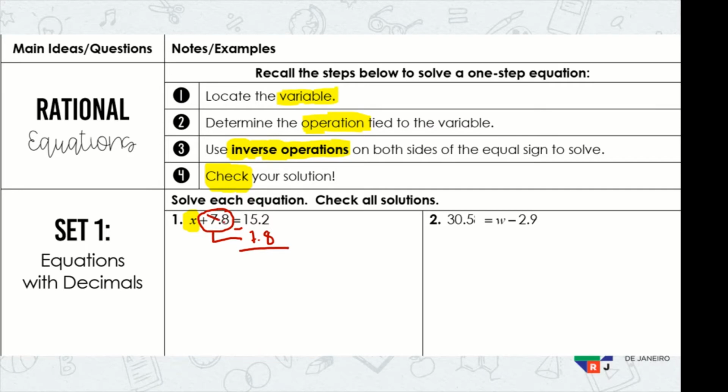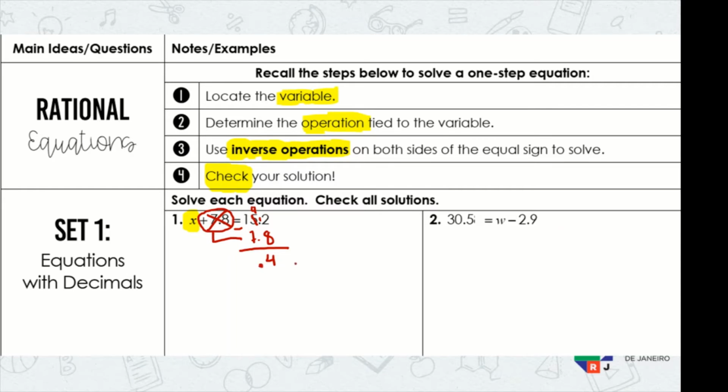Solve. Okay, let's solve right now. 2 minus 8. No, I need to borrow. Hey, 5, can you borrow me? Oh, yes, why not? 12. 12 minus 8, yes, 4. Great. Remember to bring down the decimal point.